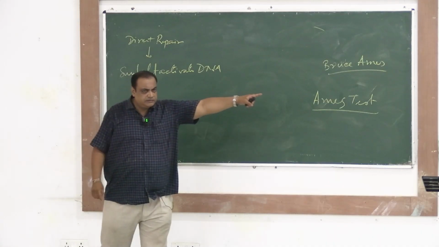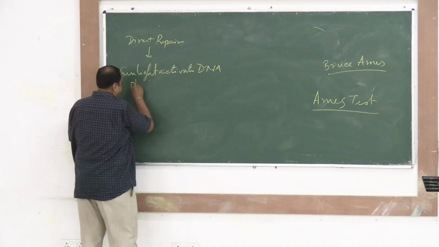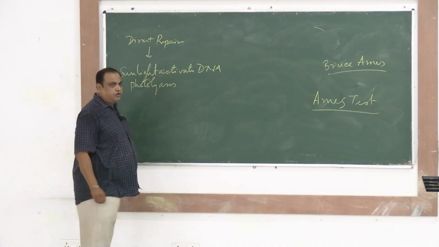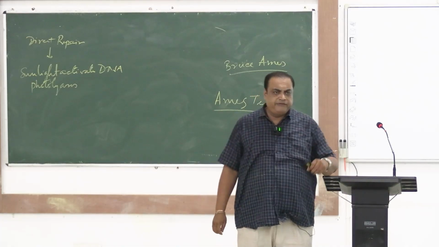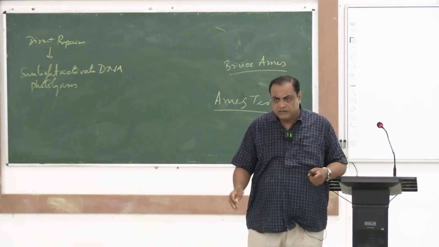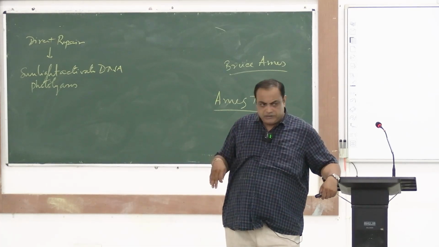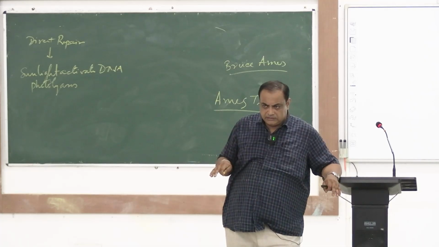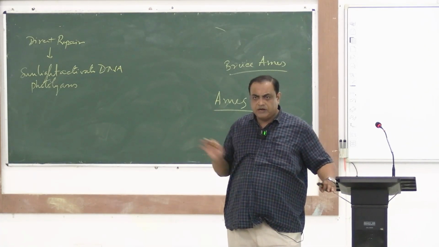Sunlight causes the damage, and sunlight itself activates DNA photolyases. Now, this activation and its work may occur in the dark also. When we are inside the classroom, that doesn't mean this repair work is not going on.